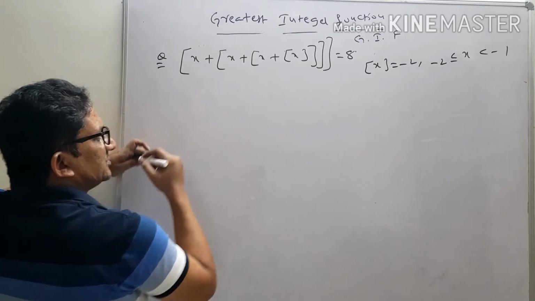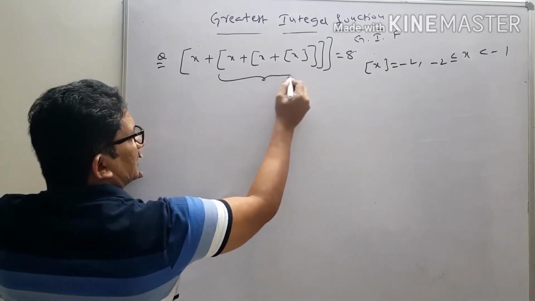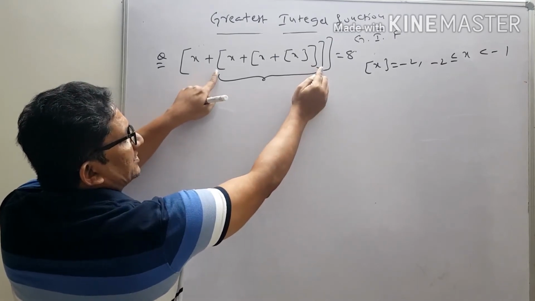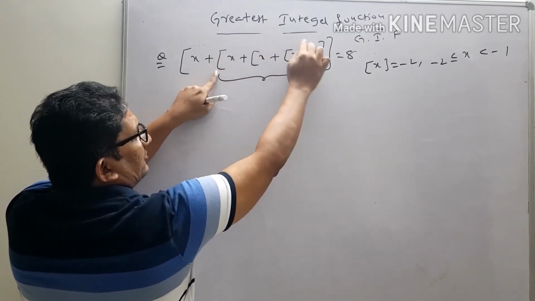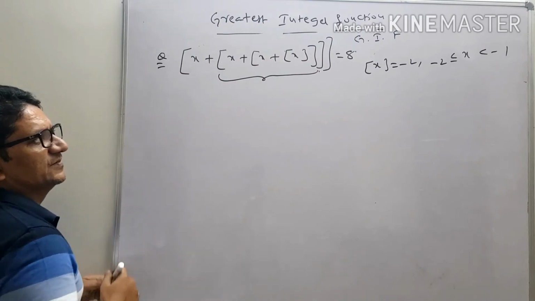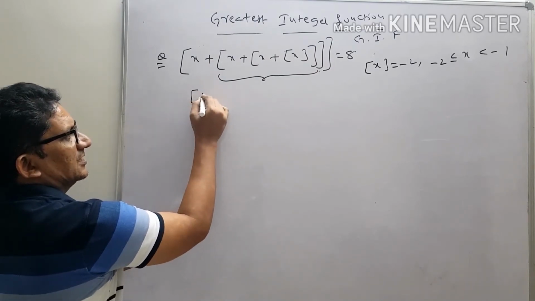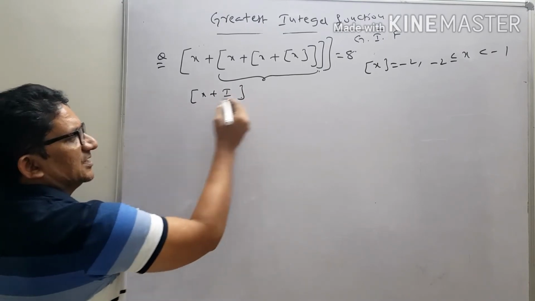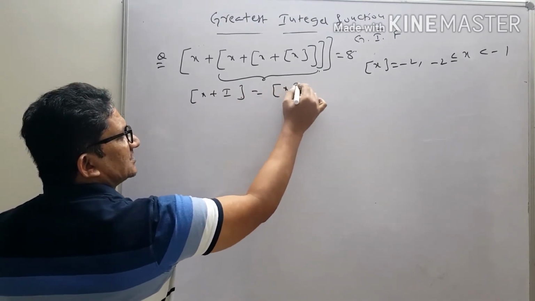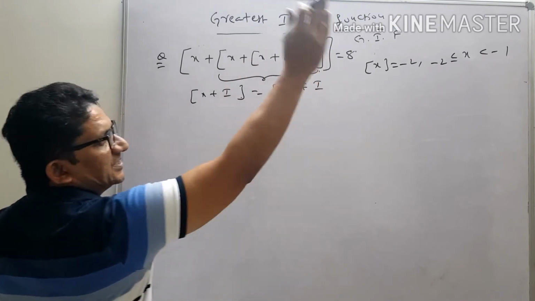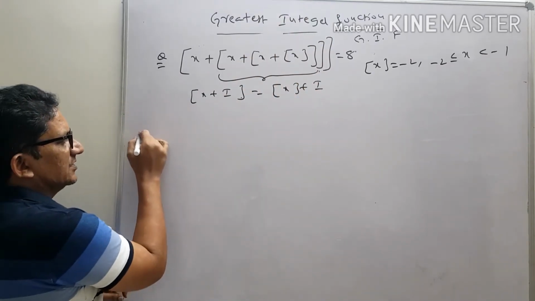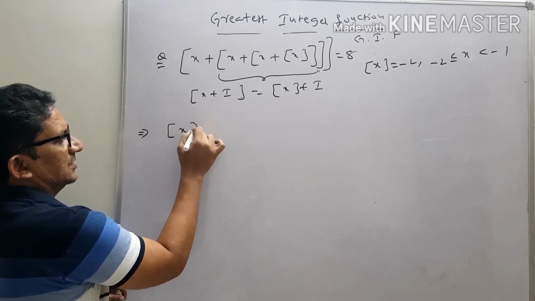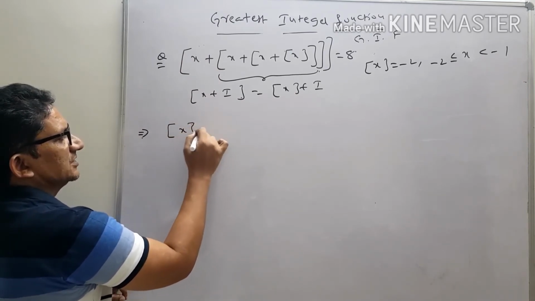Now observe the movement. Whatever we have, this whole thing is in between these two brackets. That means the output of this box is an integer only. That means now it looks like x plus integer. When we have x plus integer, we can write it as box of x plus integer, that means the integer we can keep outside.